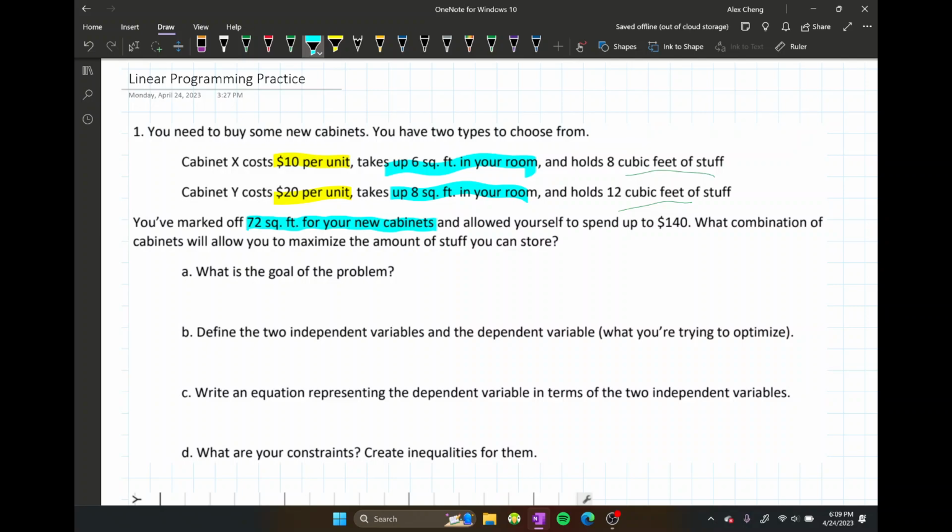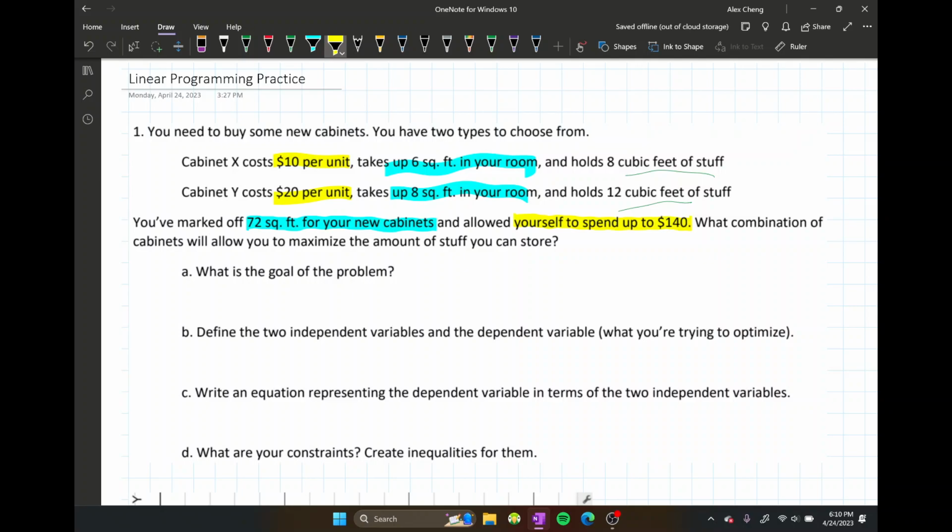So your room, who knows how big it is, but you've marked off 72 square feet of it for these cabinets. You also have a budget, of course. So you're going to spend up to $140. It's okay to spend less. You can spend exactly $140, but you cannot spend over, right? Maybe you're like a college kid on a budget.